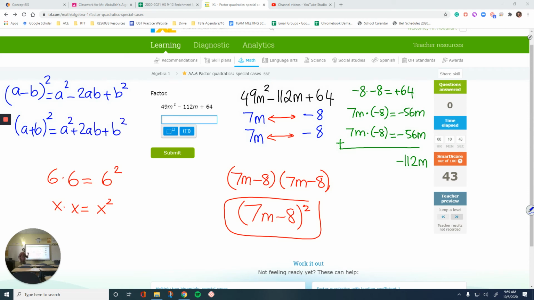So on the Study Island video, I may show you the way that you can use these two formulas to solve these questions, but then again, is it worth memorizing two more formulas if you can do it using the trial and error method? Because there are going to be questions where the only thing that you can do is this method, trial and error.